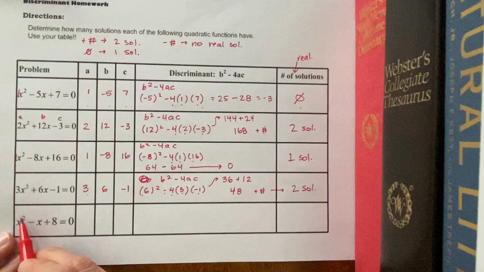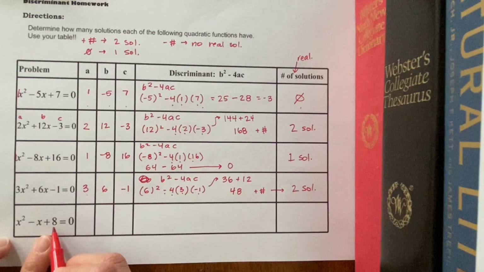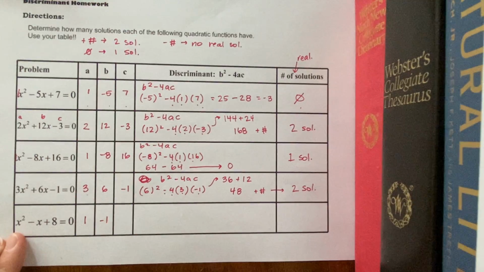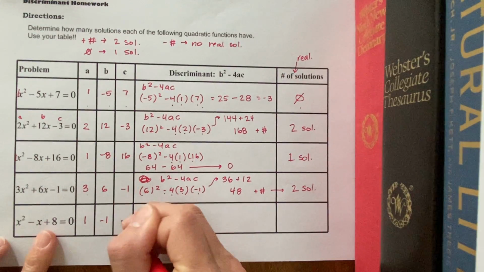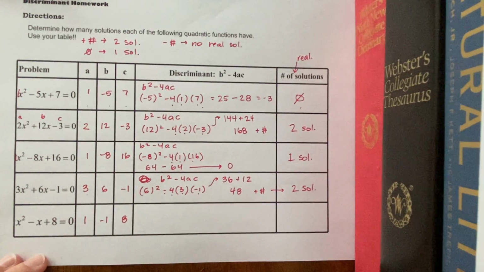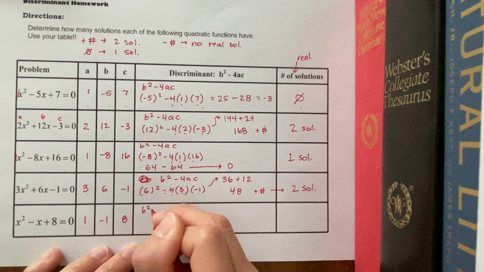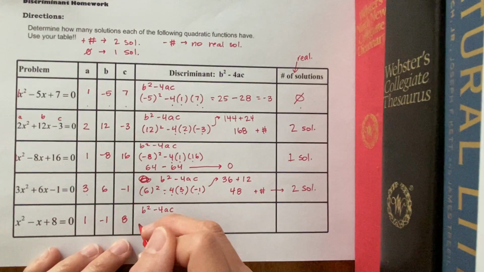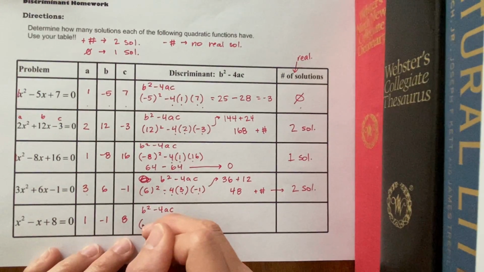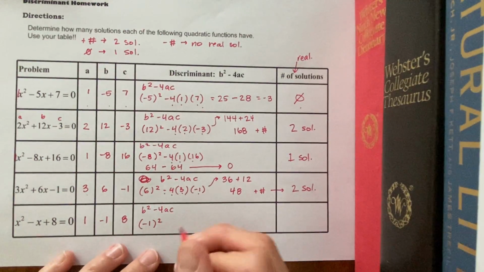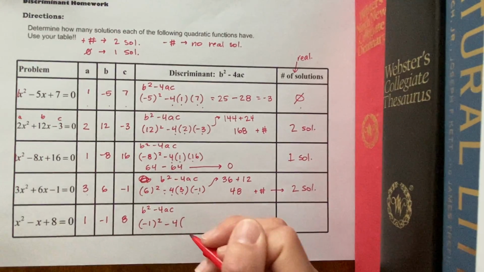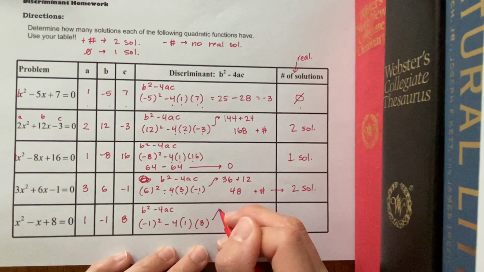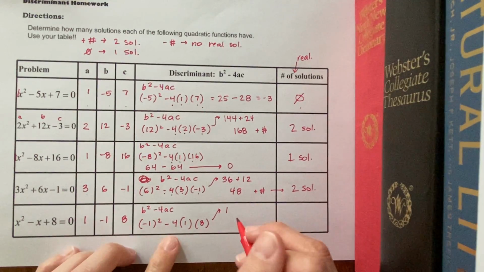And then I have x squared minus x plus 8 equals 0. So I have A is 1, B is -1, C is 8. So I have B squared minus 4AC, and that will be -1 squared minus 4 times 1 times 8. -1 squared is 1.